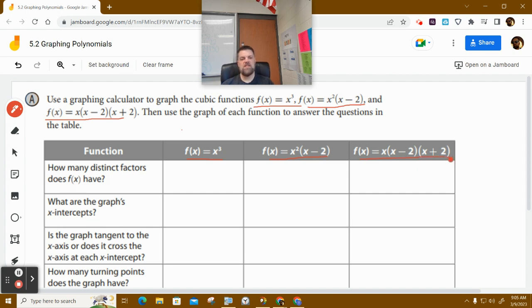That's just telling you we're going to graph those 3 functions. When we graph them, I'll take a screenshot and we'll put them in the notes, but we'll do one at a time. So you don't need to write that down word for word.